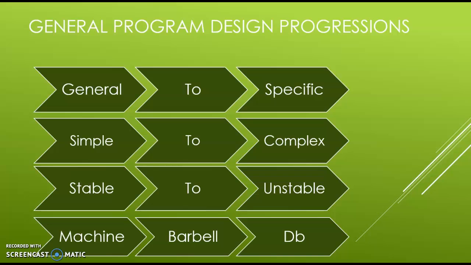So overall training progressions, and this is very much a National Strength and Conditioning Association kind of mindset, go from general to specific, simple to complex. And as somebody who's worked with clients for 20 years now, I also look at stability as a continuum, from a very stable environment to an unstable environment.